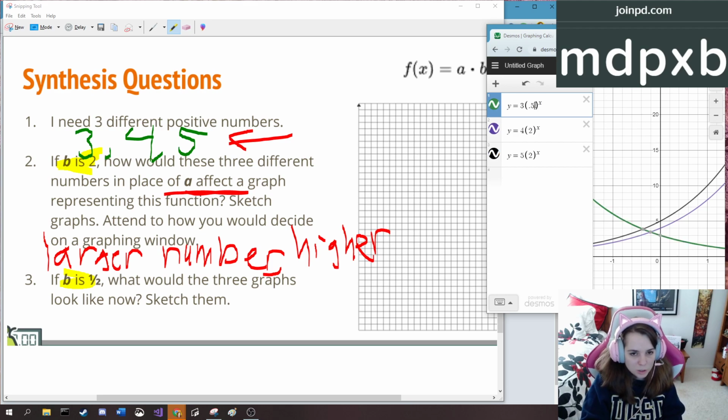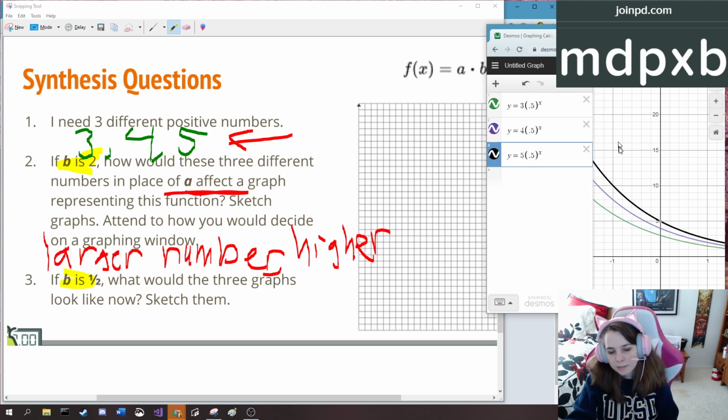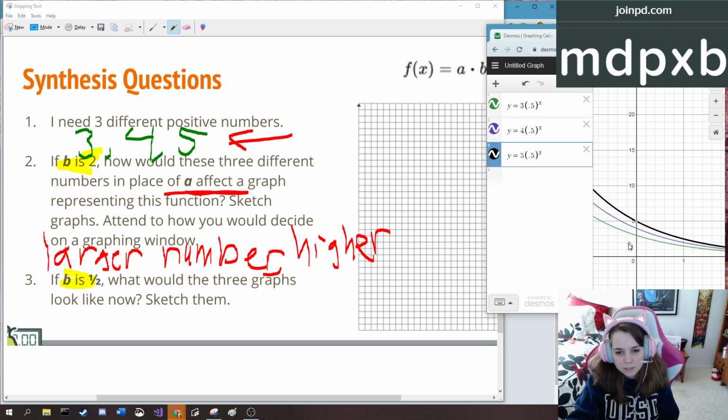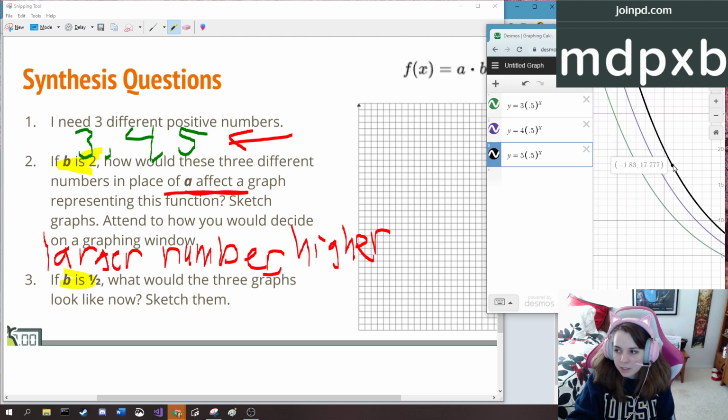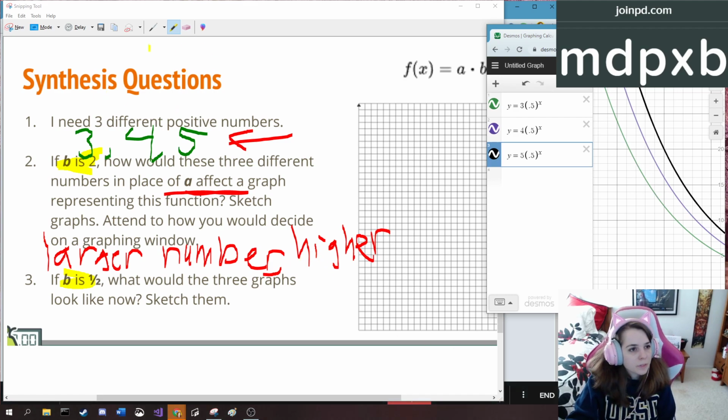I'm just going to change this to 0.5, 0.5, and then 0.5. So here we see it's still going to be higher. However, now the highest number is going to be further to the right.